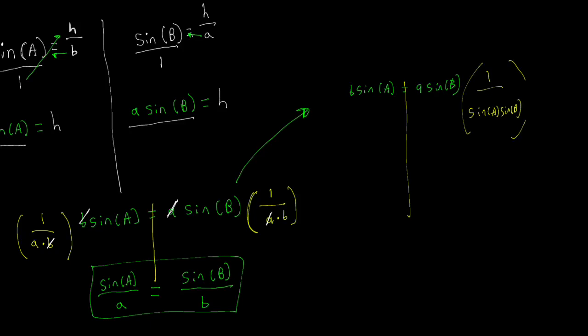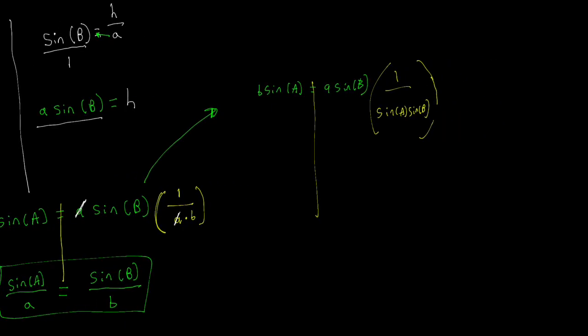Whatever you do to the right, as long as you do it to the left, the equation stays the same. Whoa, it's getting a little bit messy. Then what ends up happening is the sines end up getting canceled instead. So sine of a gets canceled with this sine of a, and sine of b gets canceled with this sine of b.